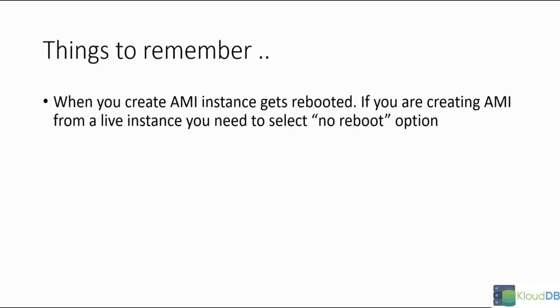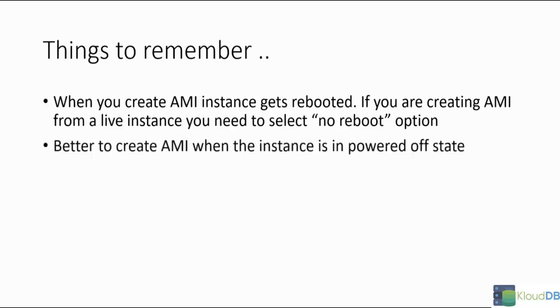If you don't select that no reboot option, the instance will be rebooted. Let's say you're trying to create an AMI based on a production instance that is already running. If you don't select the no reboot option, that production instance will be rebooted and you can cause outages. You have to make sure that you have selected this option to avoid any reboots.